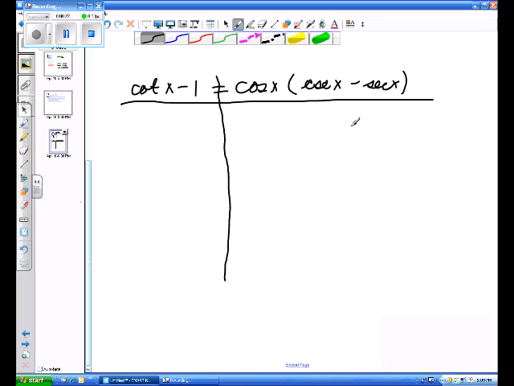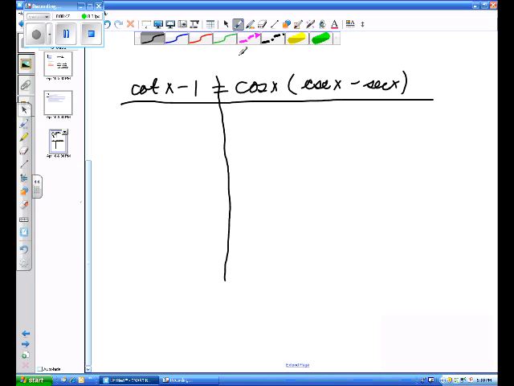And I think definitely this side looks more complicated than this side. So we want to think what we could do. And again, we don't have an identity that we can substitute in directly to these. But we do have an operation of removing parentheses. And so let's just do our basic operation.